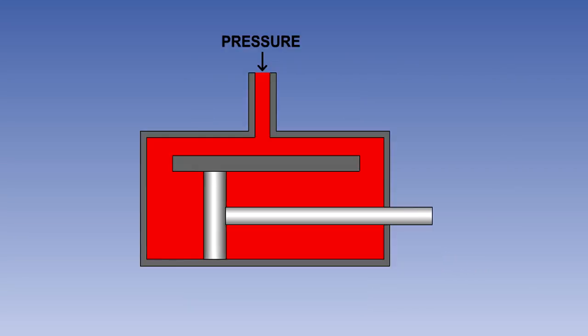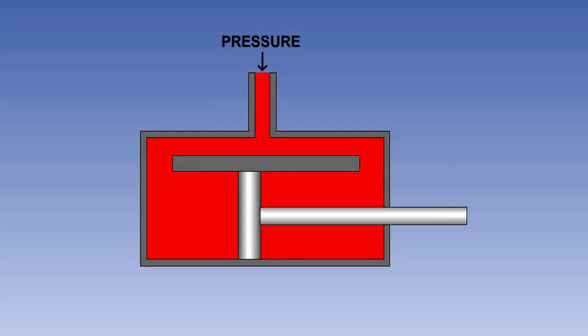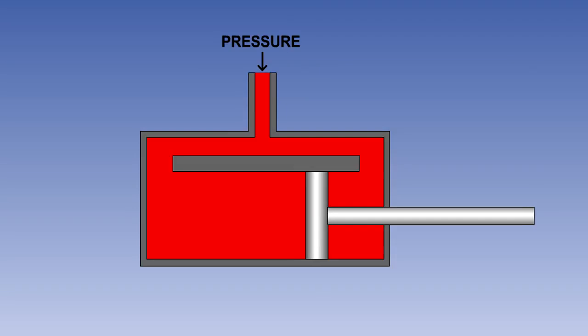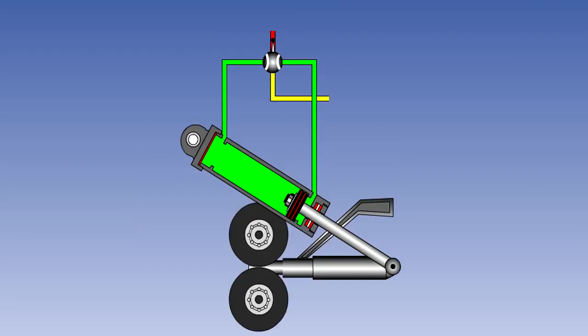If equal pressure is supplied to both sides of an actuator of this type, because of the difference between the areas on the two sides of the piston, the ram will extend. Normally, the operation which offers the greater resistance is carried out in the direction in which the piston rod extends. For example, in the case of landing gear, the rod will extend to raise the gear and retract to lower it.